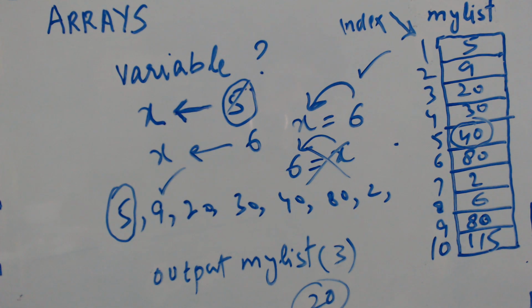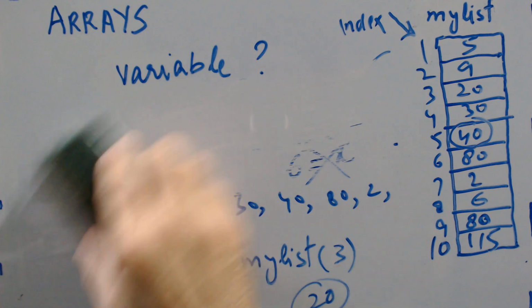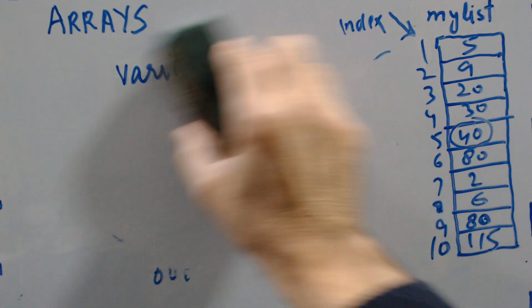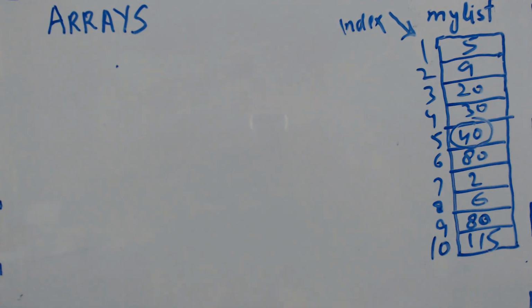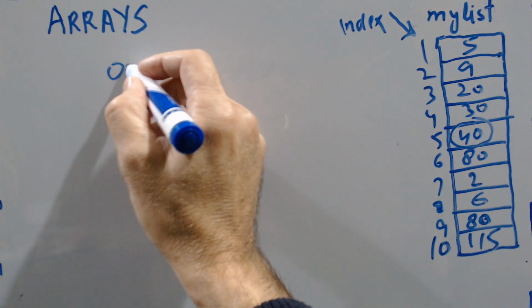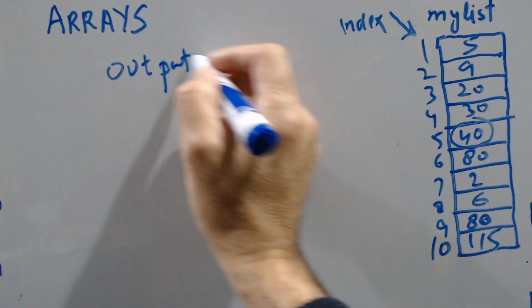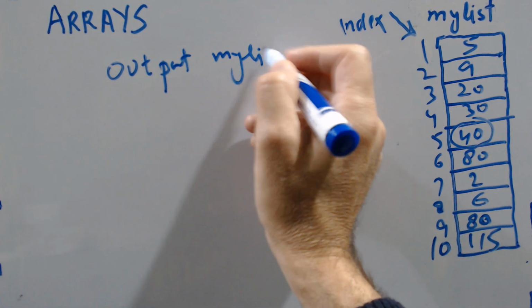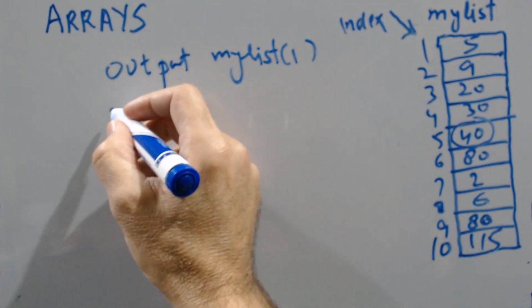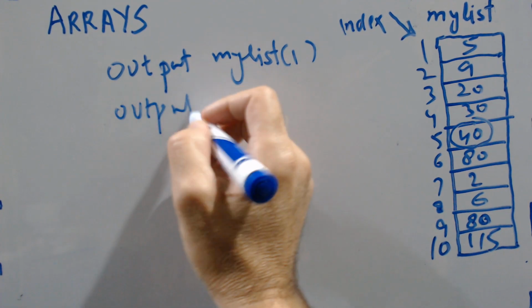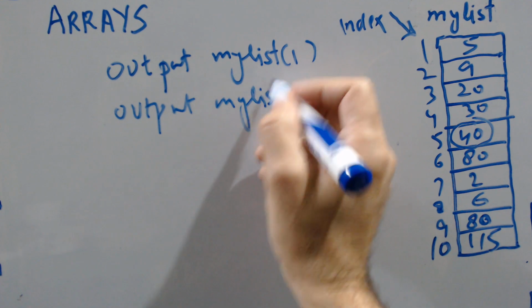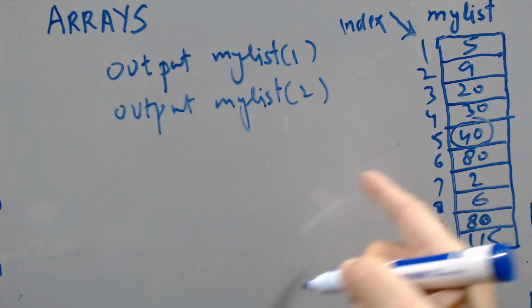Now let's see how we can output all the values in the arrays. We have to use a loop. One of the methods is that we can output the individual values, like output my list 1, and then again you write output my list 2, second value will be output.